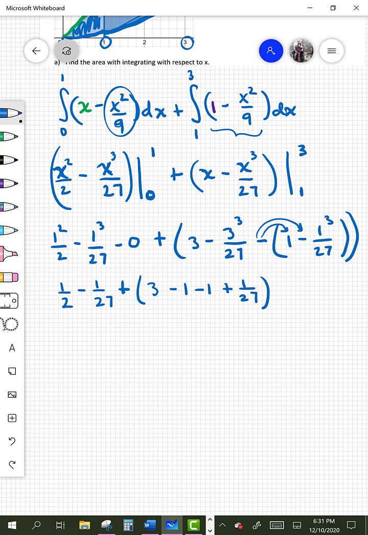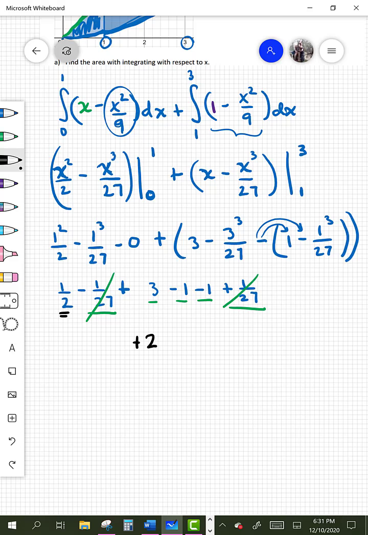Since this is addition here, there's no coefficient outside besides the positive 1. We can drop these parentheses and we can start combining like terms. And so I notice this negative 1 over 27 plus the 1 over 27 cancels. I have 3 minus 1 is 2 minus 1, so that gives me 2.